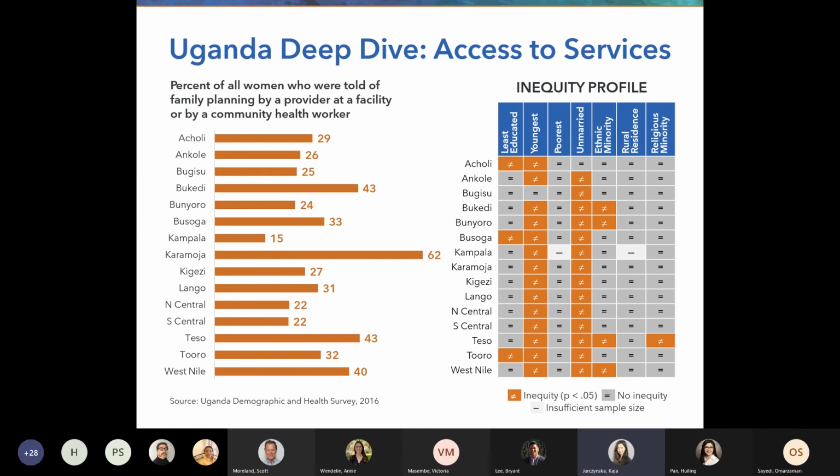What you can also see by just the row view is which regions are experiencing the largest share of inequity. And so in this case, we see that a few regions, four groups of women are experiencing inequities. So Teso, for instance, Toro, three of the subgroups experience inequities. And that can also tell you how to prioritize your investments across regions.